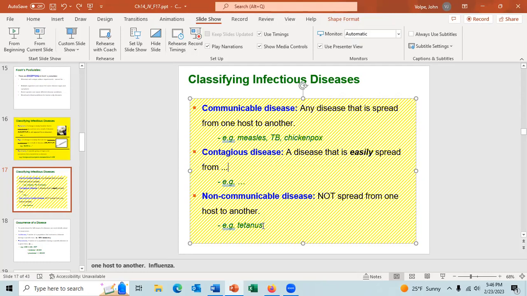I mean, that might be one way to spread tetanus. But like I said, normally tetanus does not spread from one patient to another. Another case would be botulism. That is a non-communicable disease. It does not normally spread from one host to another. Any question about any of that?